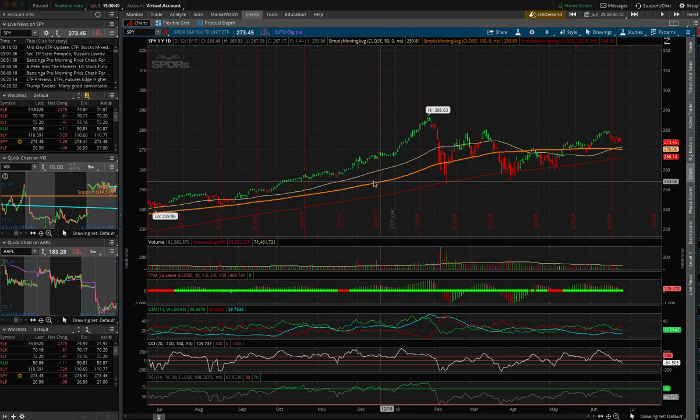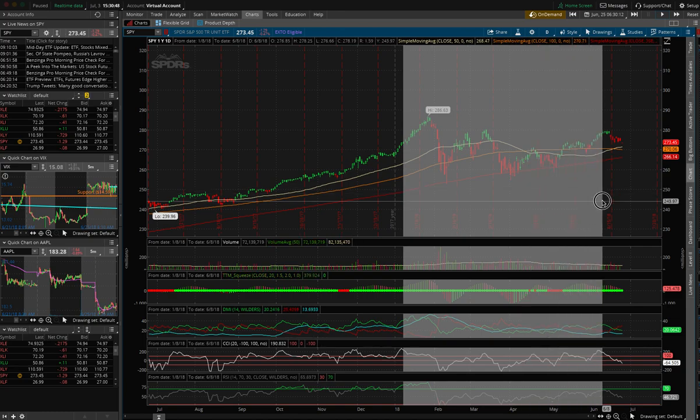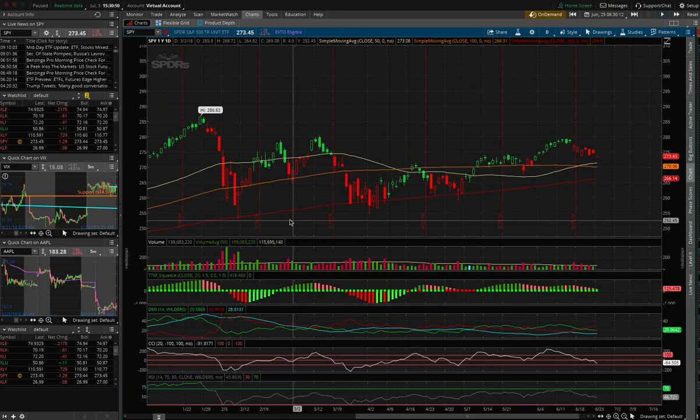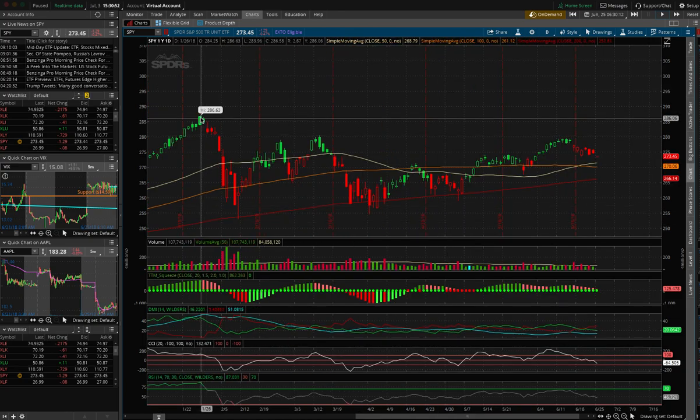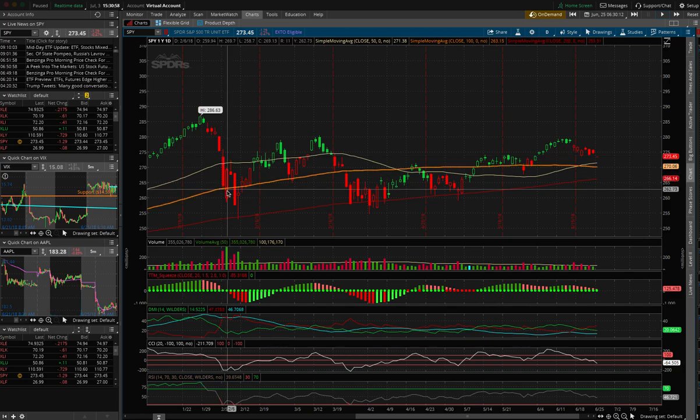Basically, what we will go over today is just basic support and resistance lines. For those of you that don't know what a support line is, when you see the price, which are these bars, come down to a certain level and bounce, it's usually bouncing off some type of support.